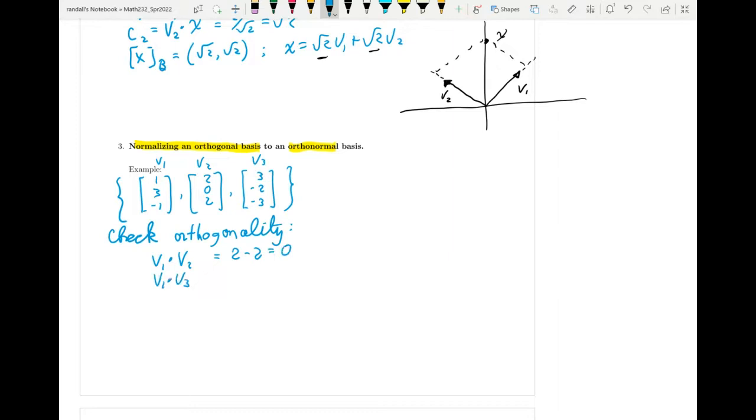V1 dotted with V3 is going to be 3 minus 6 plus 3. Also 0. And then the last pair is V2, V3. So V2, V3 will be 6 minus 6 equals 0. Okay, so they're pairwise orthogonal. This is what we mean by pairwise orthogonality.